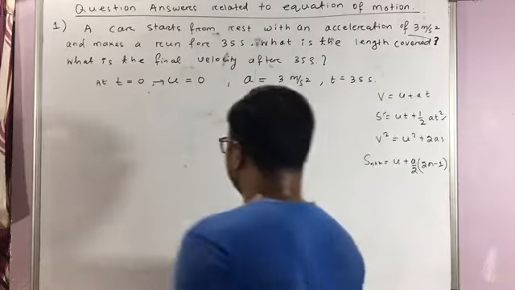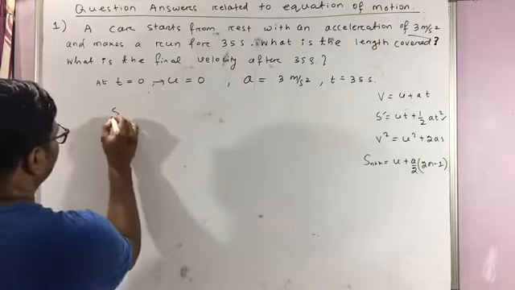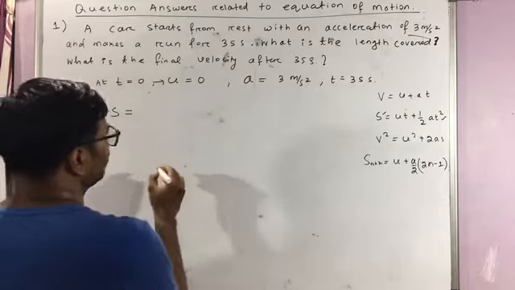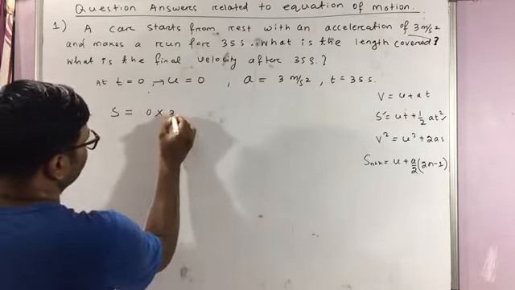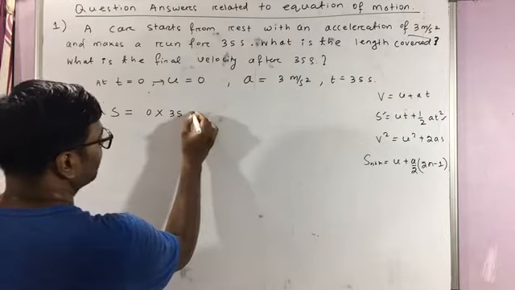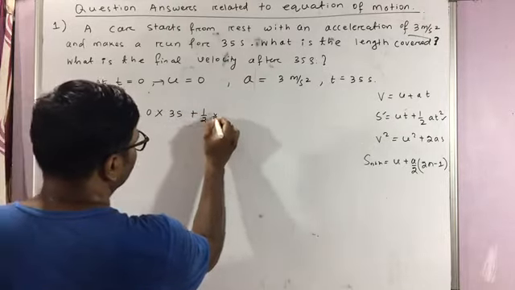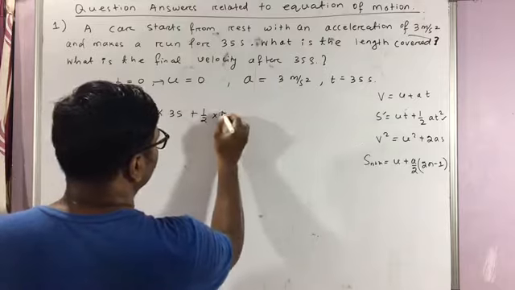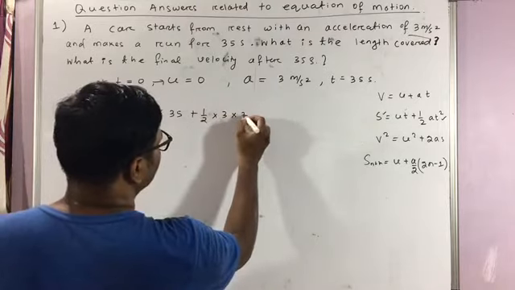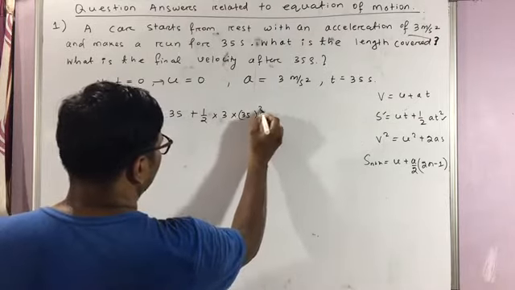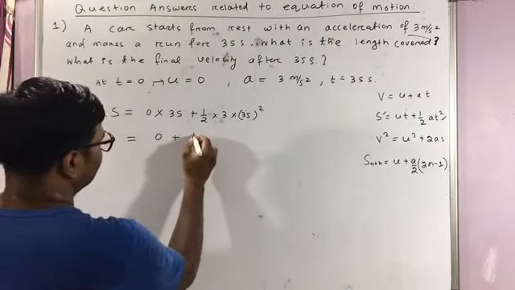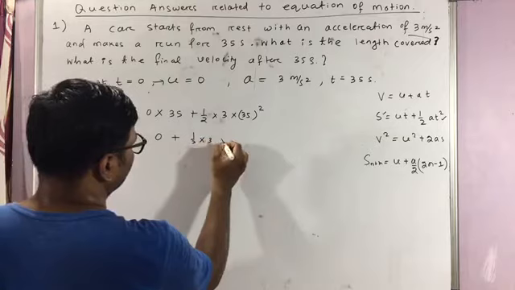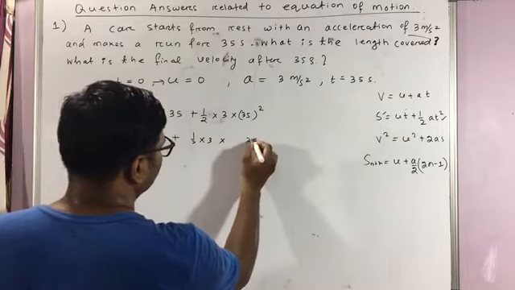Now I can put the values over there. s is equal to ut, u is 0 into t which is 35, plus half into a which is 3 into t square, meaning 35 square.